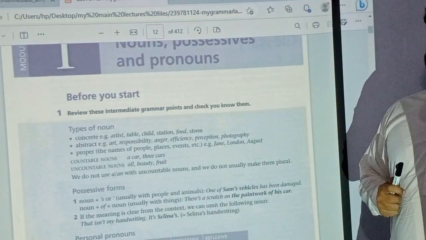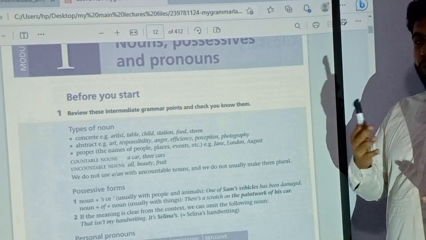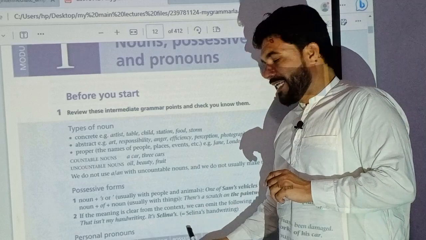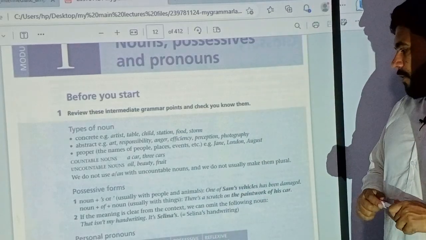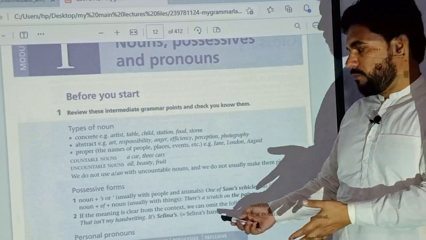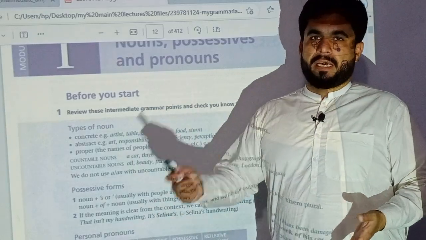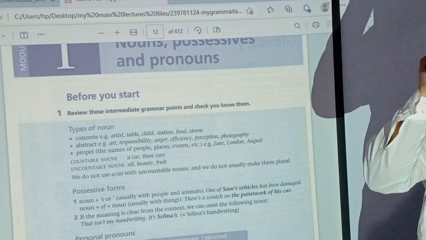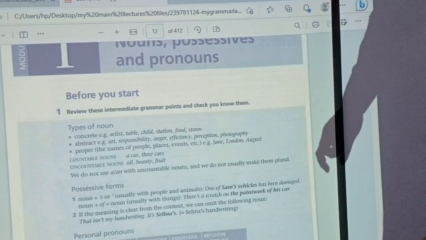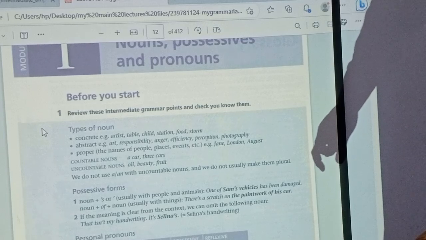So you don't need to mention it again, because it is already clear from the context that the handwriting of Selena is being talked about, right? So Selena's handwriting. When you have put an apostrophe with it, it tells us that you're talking about the handwriting of Selena's.